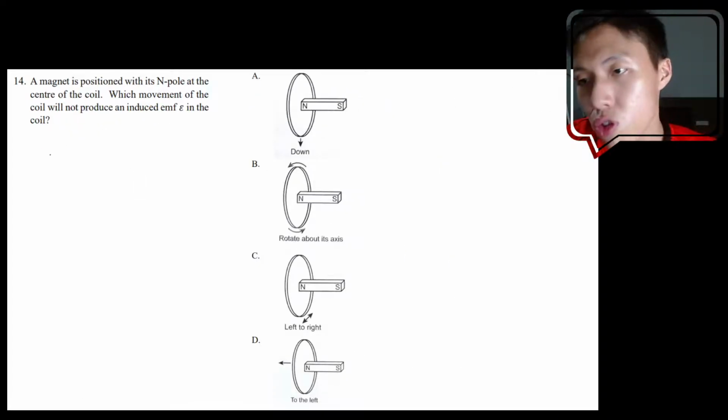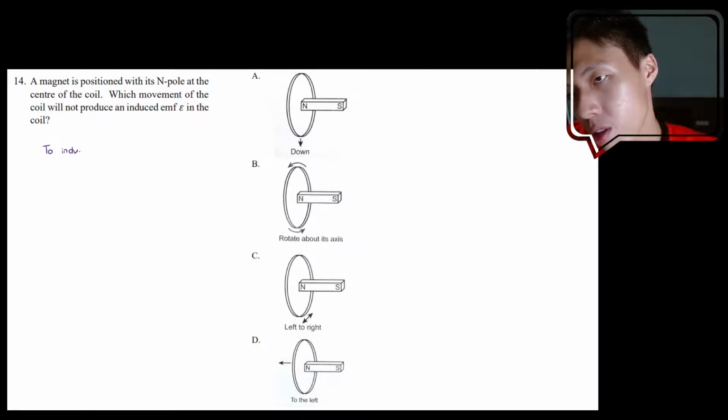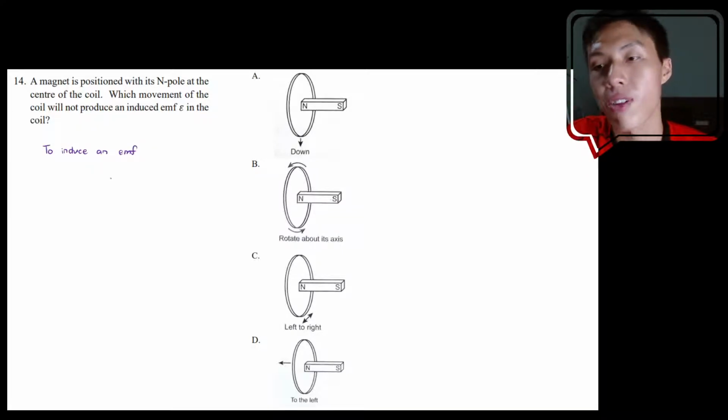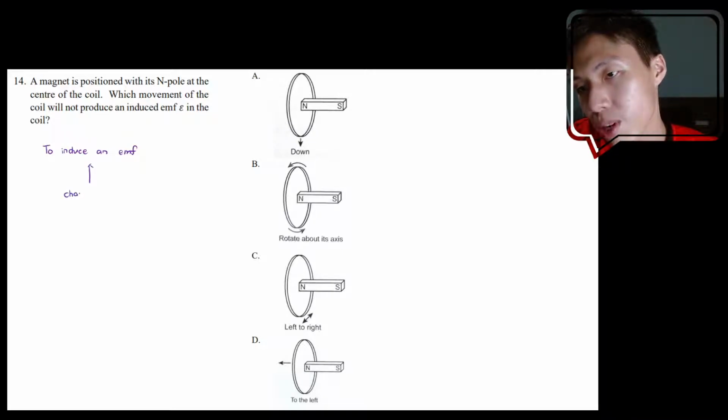So to induce an EMF, we know from Faraday's law that you need a time rate of change of magnetic flux.